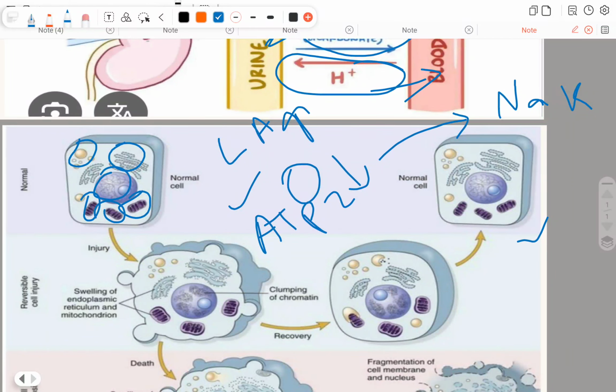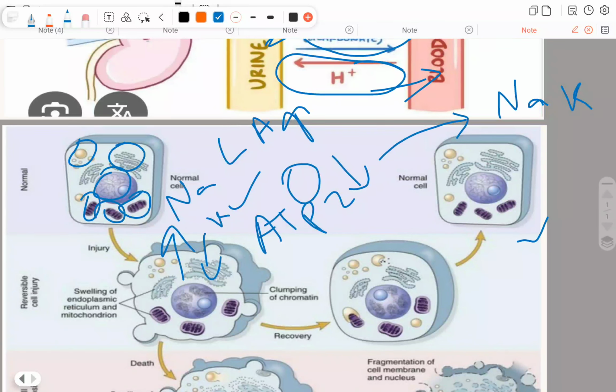The sodium potassium channel keeps the normal amount of sodium outside and potassium inside, and its main function is taking the sodium out of the cell and taking the potassium into the cell.